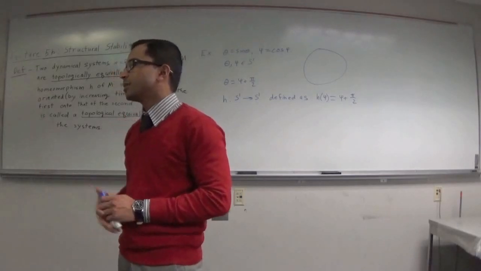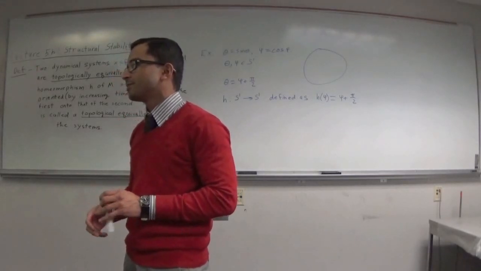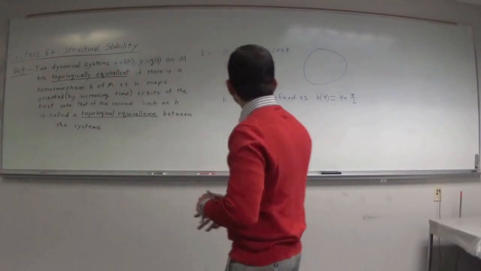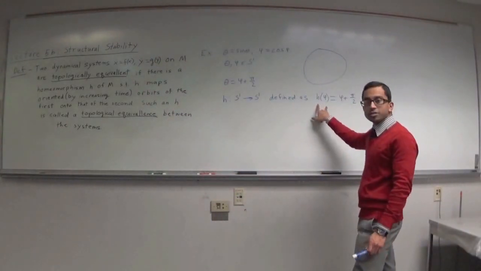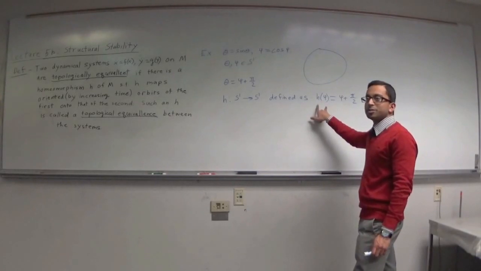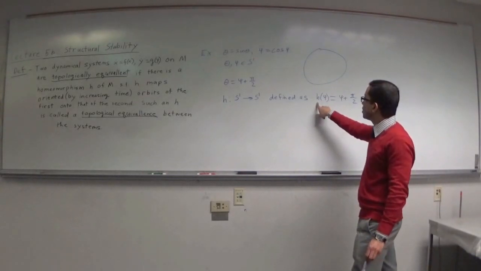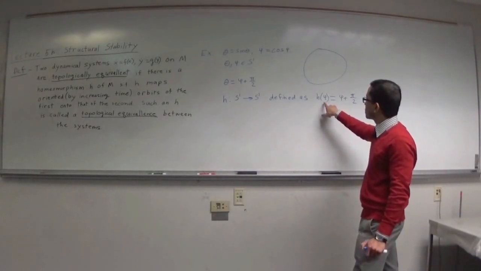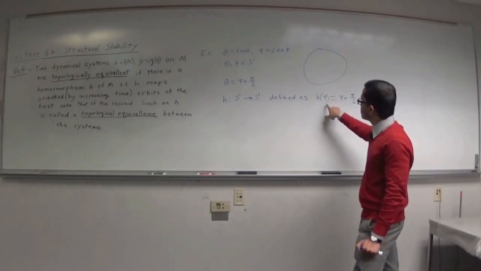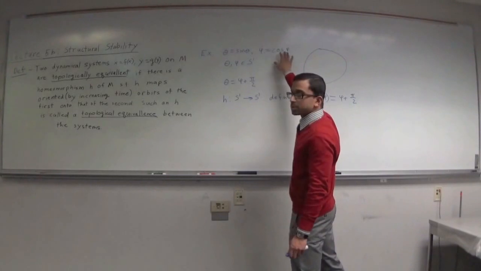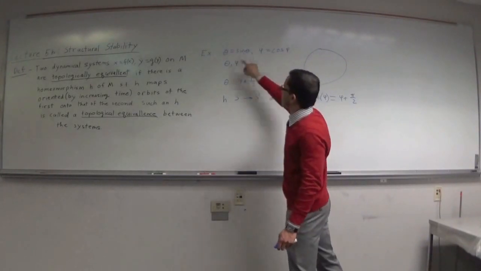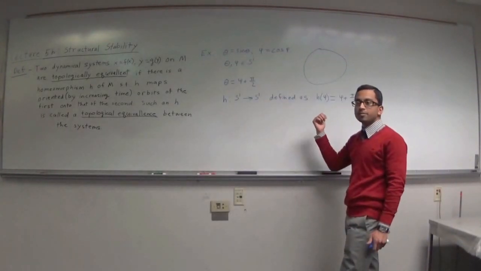So that's what a homeomorphism means, right? Now, if we wanted, we can find H inverse. What do you think H inverse would do? Here, H is going to map points in the orbits of this dynamical system to this dynamical system. How about H inverse though?